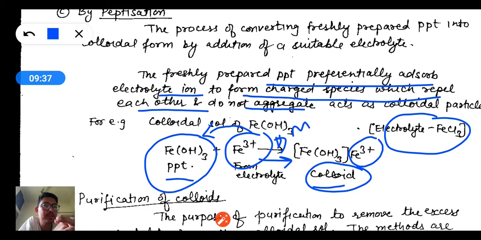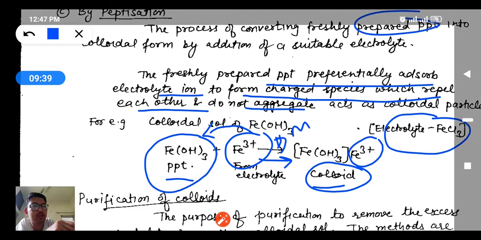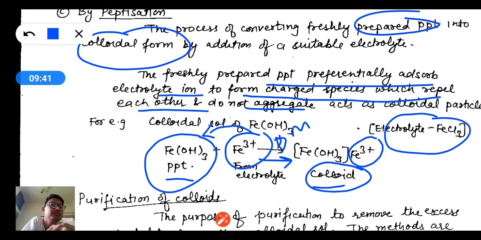So peptidization is conversion of precipitate into colloidal form, and coagulation is conversion of colloid into precipitation state. Okay, so these are both interconvertible, and in both processes electrolyte is added.